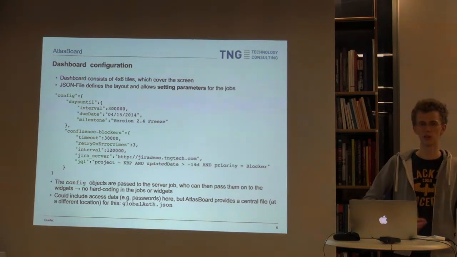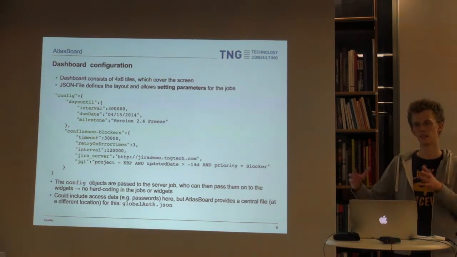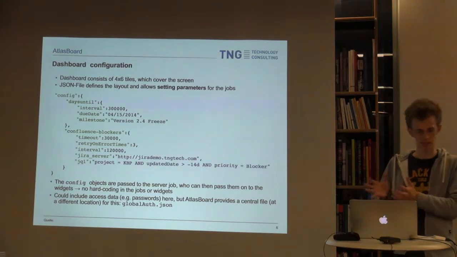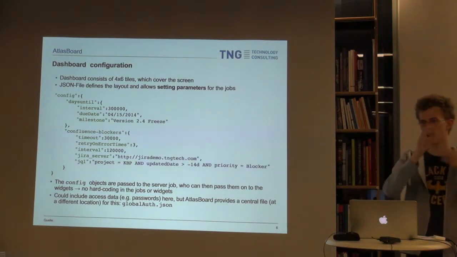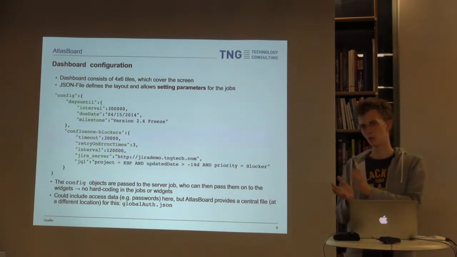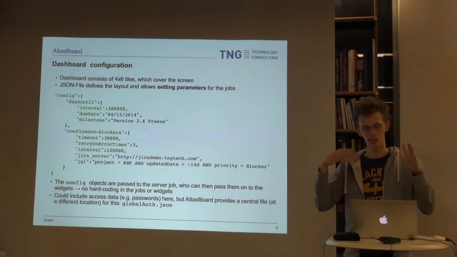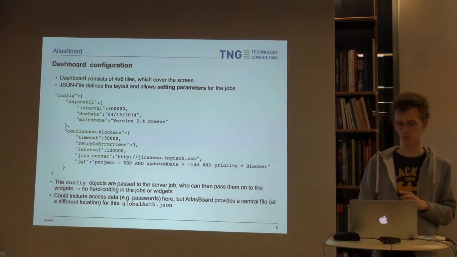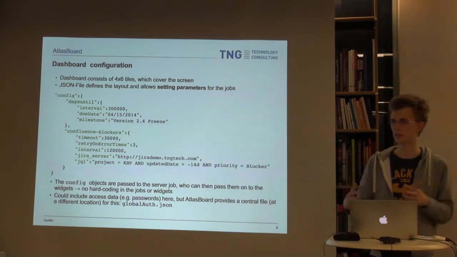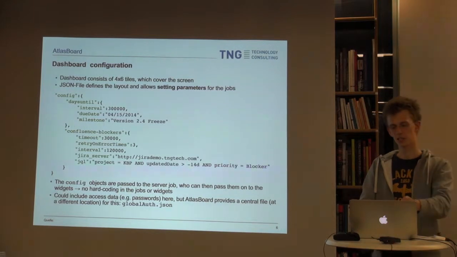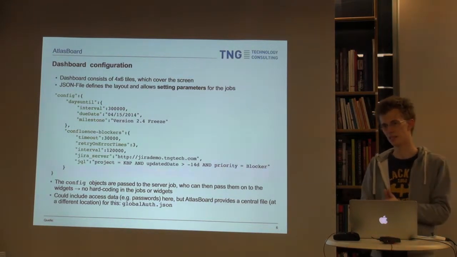There we can set all kinds of parameters, and this config object is then passed to the server object, which can read all kinds of things and then pass it on to the widget. So in your JavaScript components, you don't have to do any hard coding, because all the parameters which you would reasonably want to change, you can just put into the configuration.